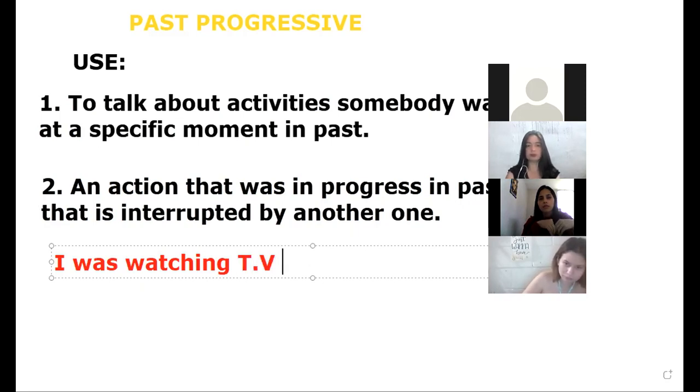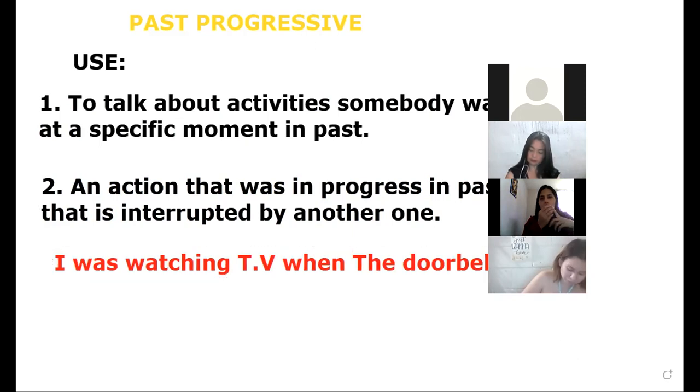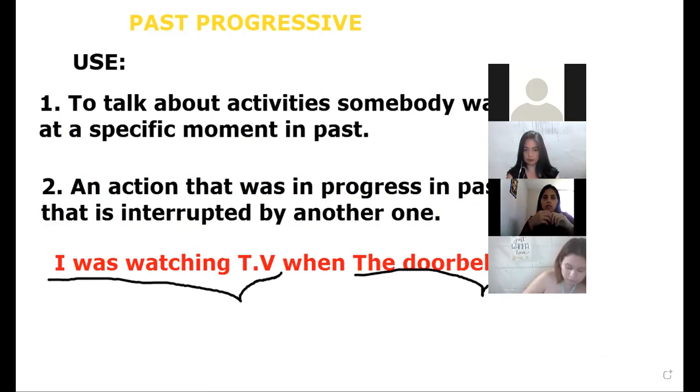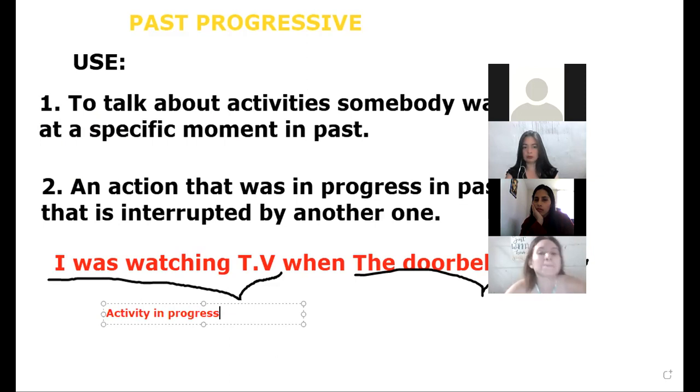This activity was in progress when the doorbell rang. This activity interrupted, okay? So we have here activity in progress, activity which interrupted. All right, very good. This is the activity in progress, and this is the interrupting activity.